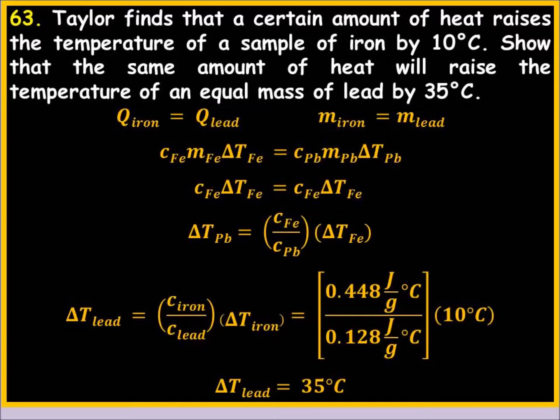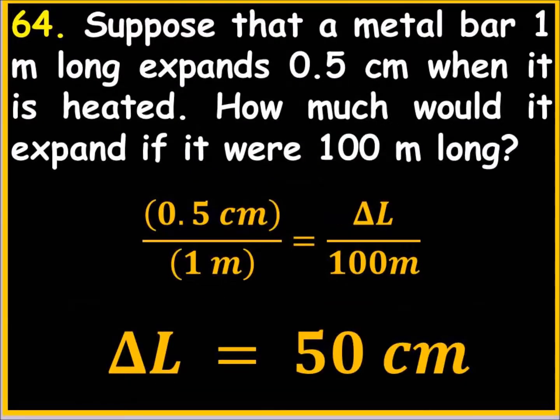Again, what you want to do is plug in the values, making the ratio of the iron to the lead, and the answer will be the temperature change of the lead will be 35 degrees Celsius. Very straightforward problem. Just, again, keep your wits about you relative to all of your subscripts, etc.